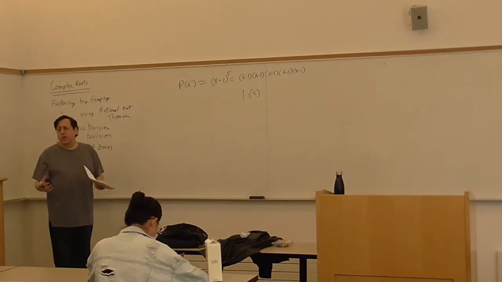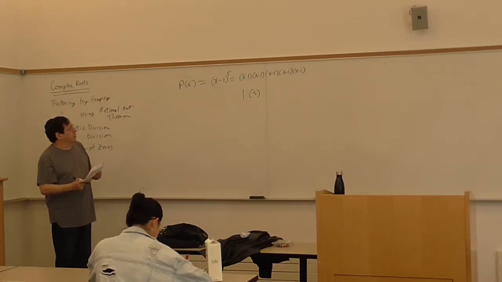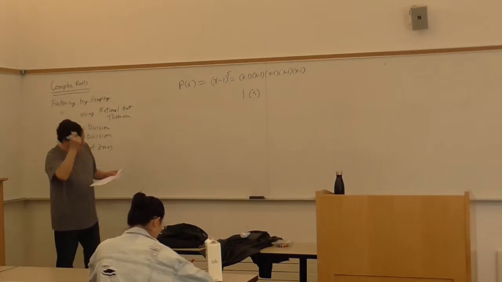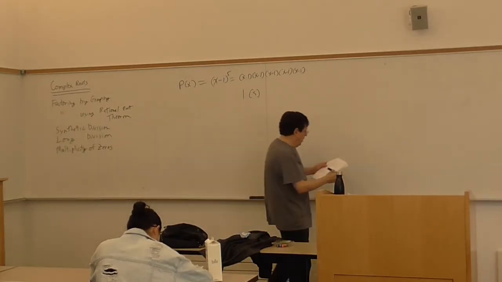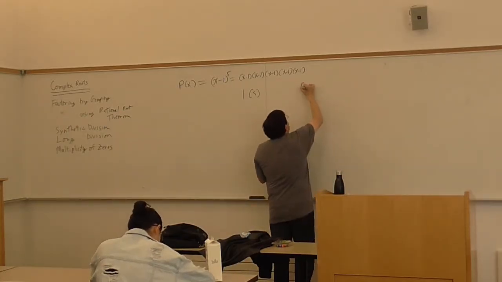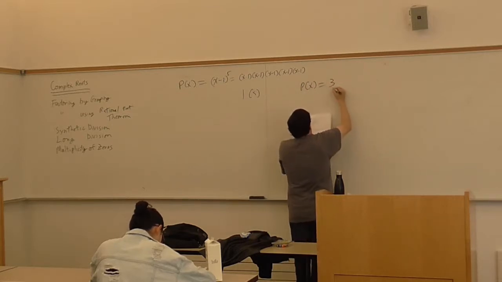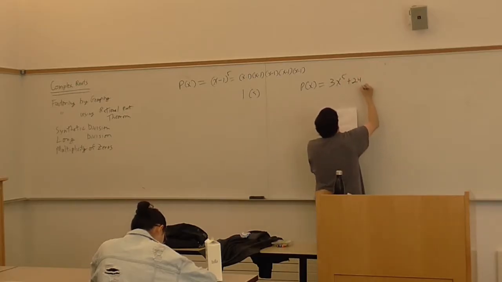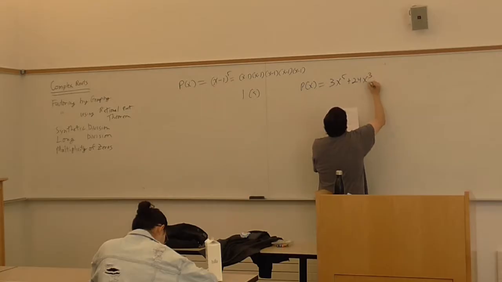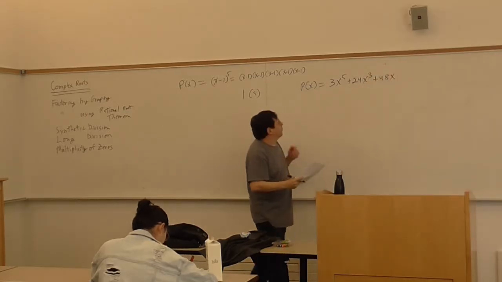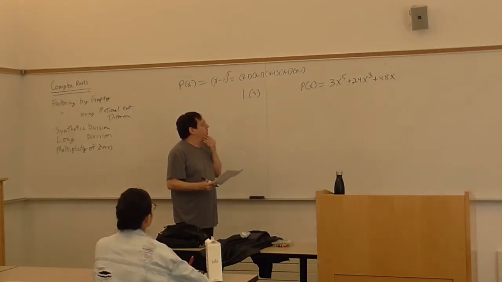That's something to be aware of when looking to factor and looking for roots. The same root could appear multiple times. All right, let's look at an example of that before we go on. 3x to the 5th plus 24x cubed plus 48x.